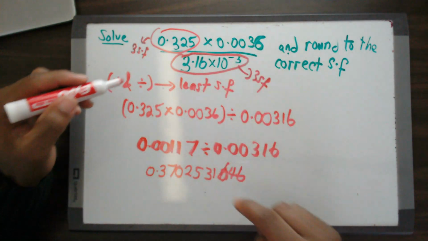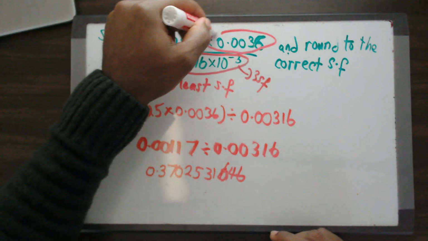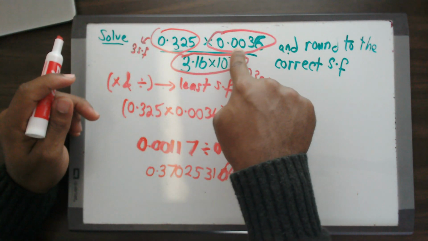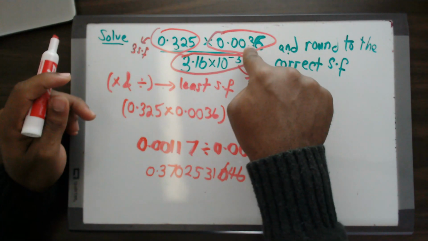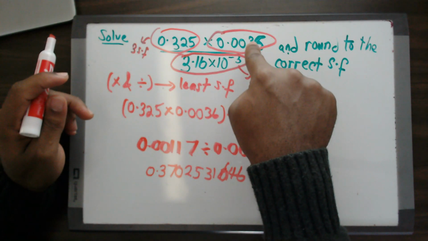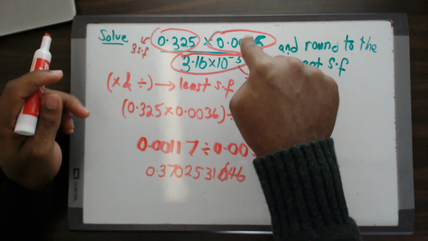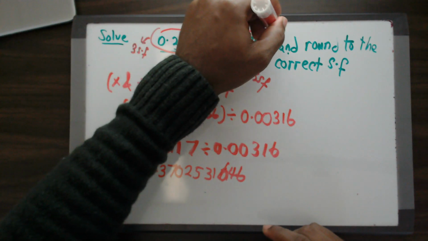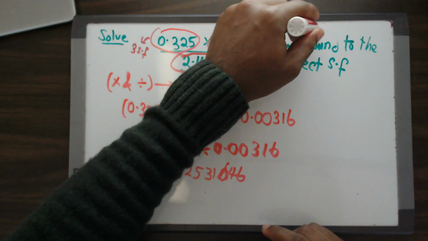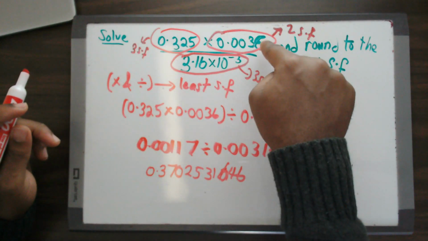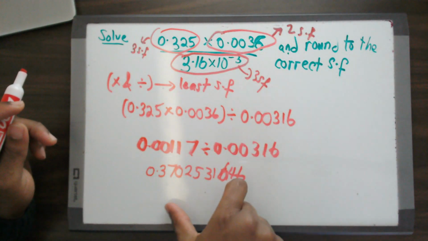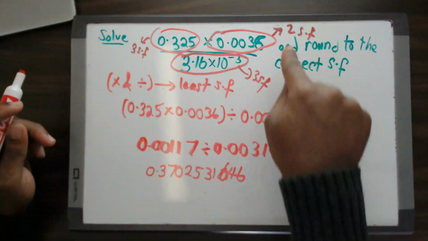And right here, we have zeros which are not significant, but our first non-zero digit is significant and everything after, so 1, 2. In this case we have 2 significant figures. So among all three, this number determines the final answer's significant figures, which is 2.